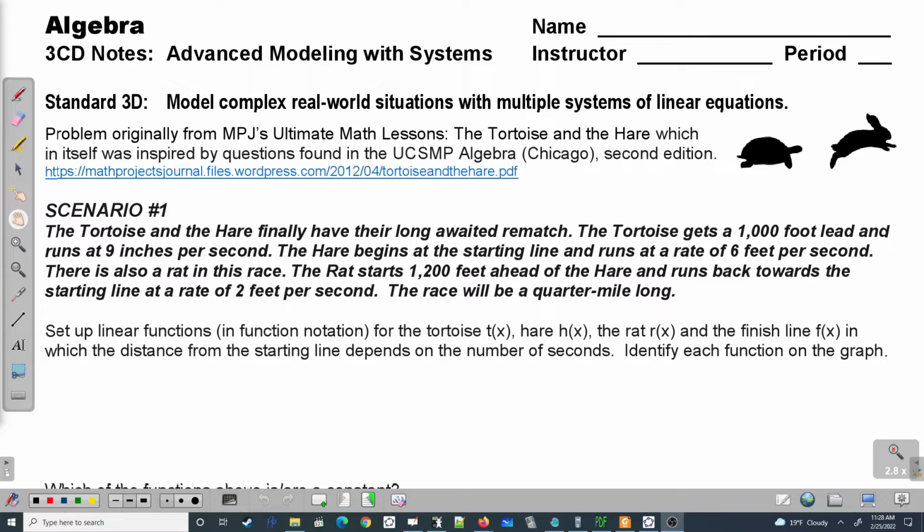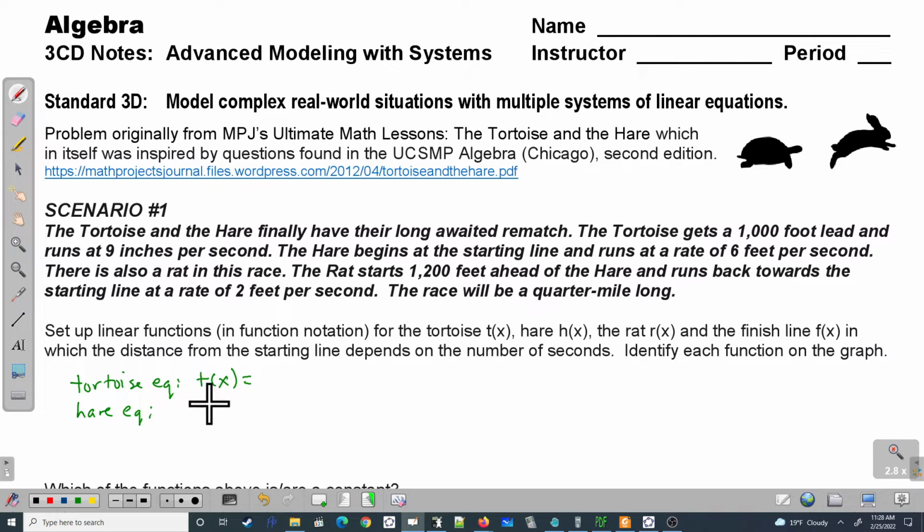The first question we're going to ask is, could you please set up the linear functions using function notation for the tortoise, t of x? So we're going to need a tortoise equation, which we'll call t of x. We're going to need a hare equation, which is going to be h of x.